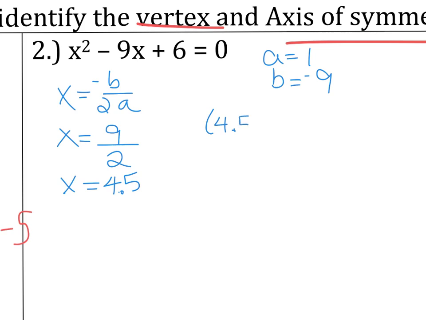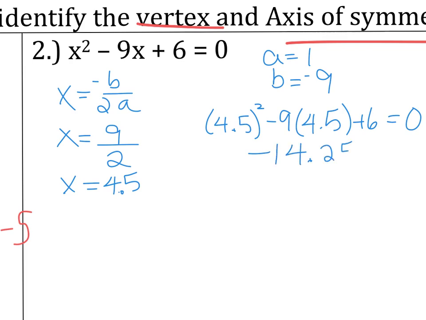Okay, now we're going to plug it in. 4.5 squared minus 9 times 4.5 plus 6, and we're going to find our y value. If I take my calculator, 4.5 squared minus 9 times 4.5 plus 6, I get negative 14.25.